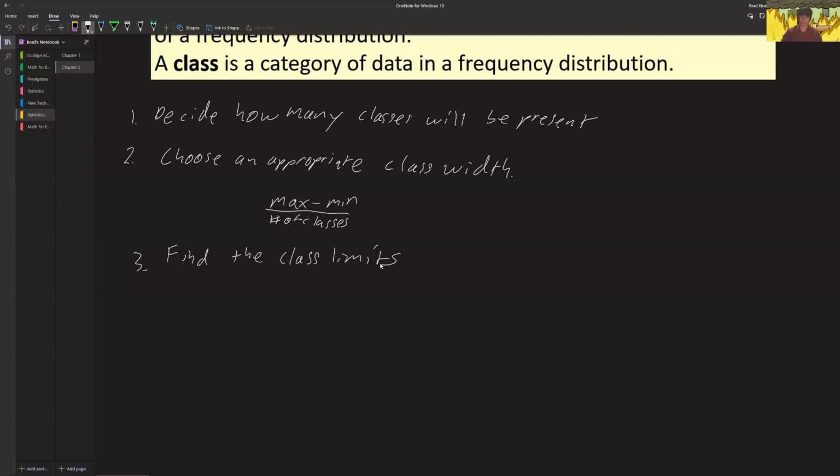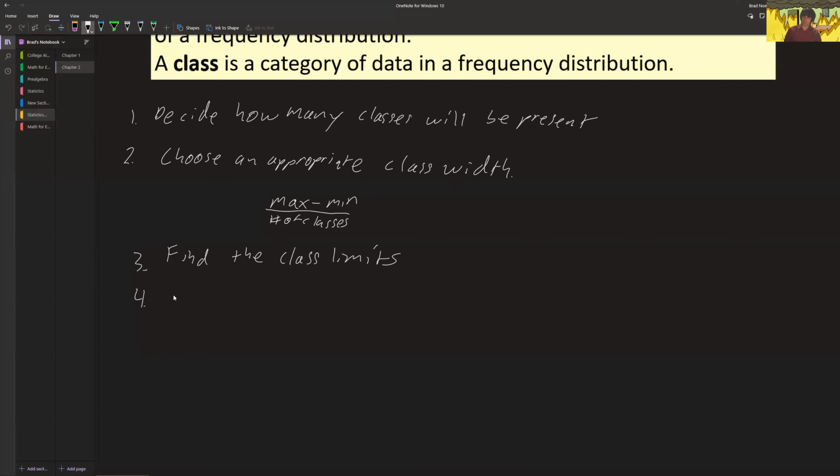We'll talk about those in a second. After you have all of your classes, then you'll just go about listing what the frequency is for each of those. Do make sure that all of your data are present within these classes that you have defined, okay?